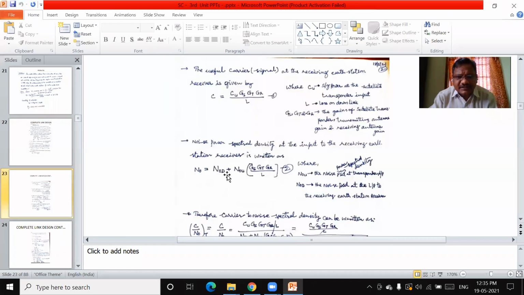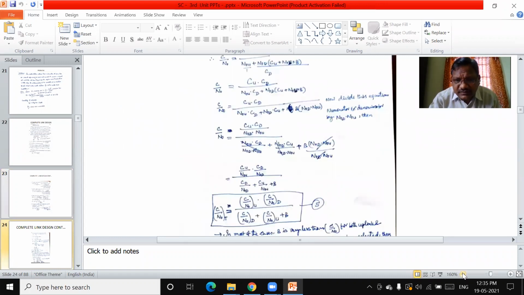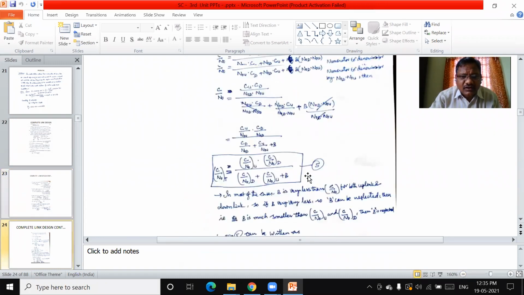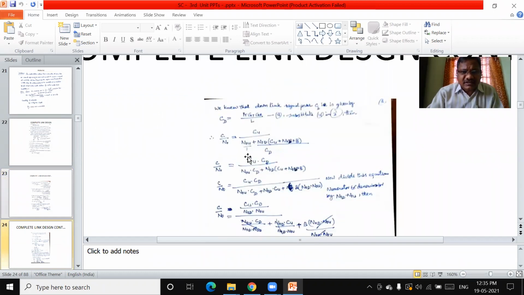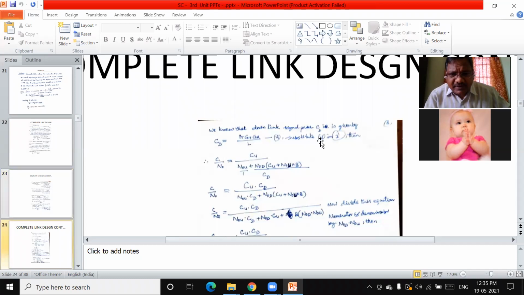Okay, now you can see here, we knew that we have to reduce it. Continuation of this, we knew that equation 3 we already mentioned in the above step. We knew that downlink signal power CD, downlink carrier power.